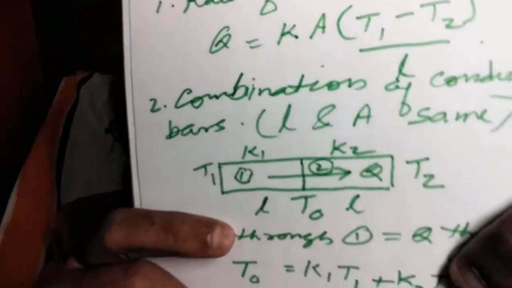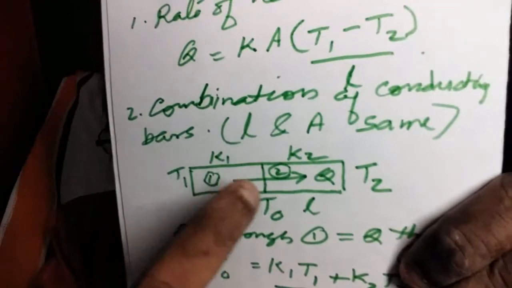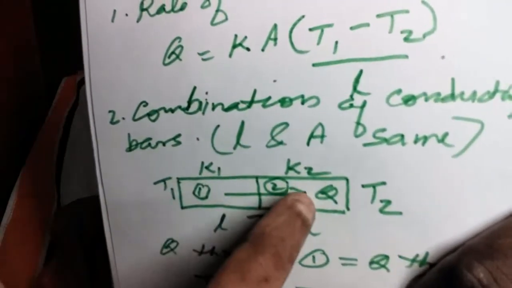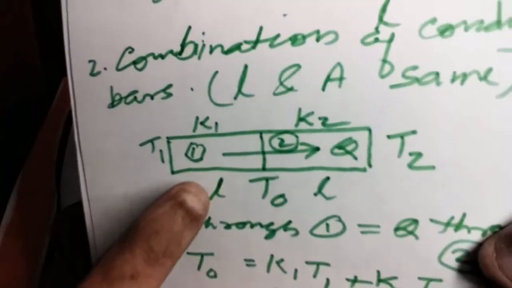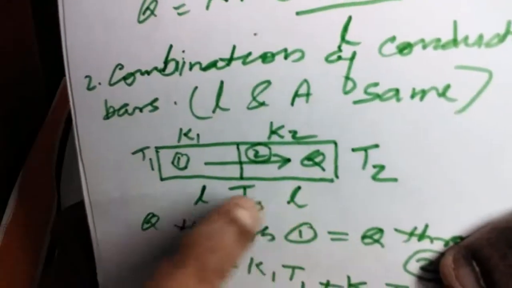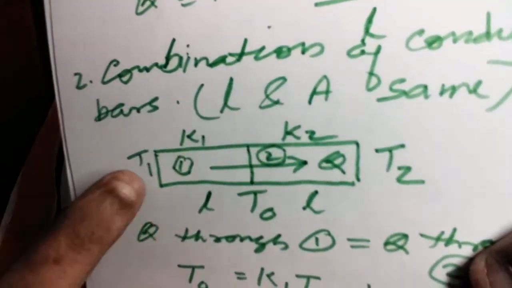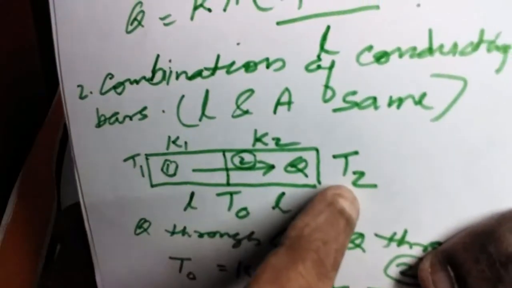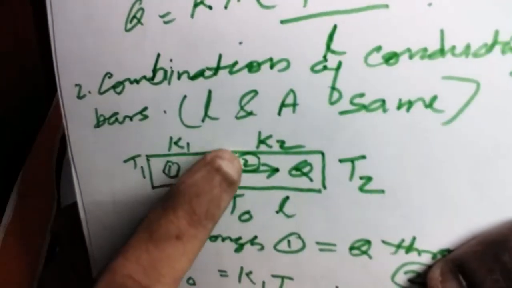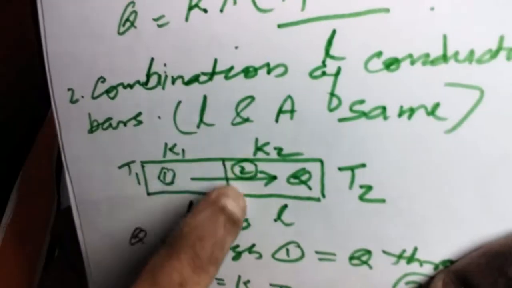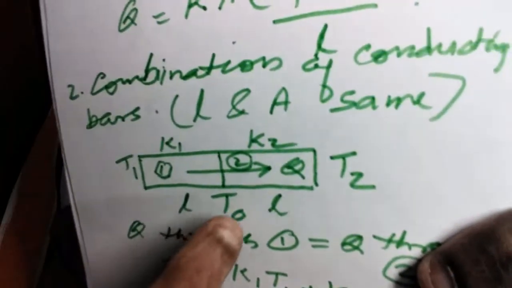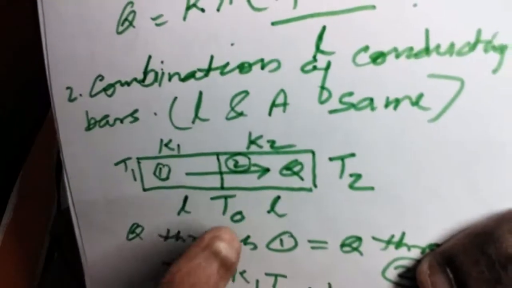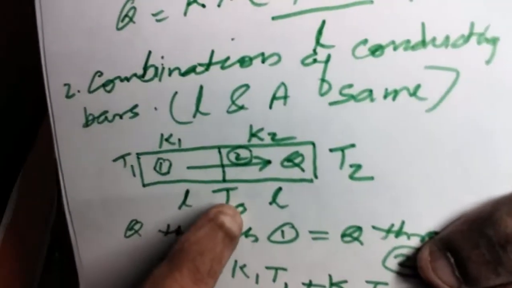Next, second formula. We combine two conductors in series. Both conductors have same length, same area of cross section. This is the hot end, this is the cold end. This is the junction or joint of the two conductors, where there is a common temperature T0, junction temperature T0.